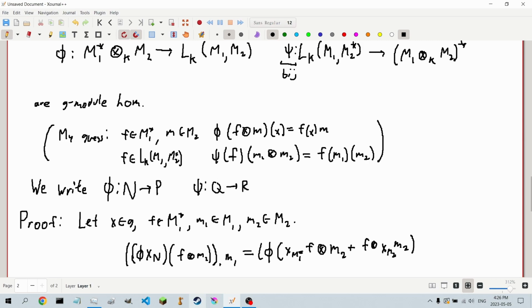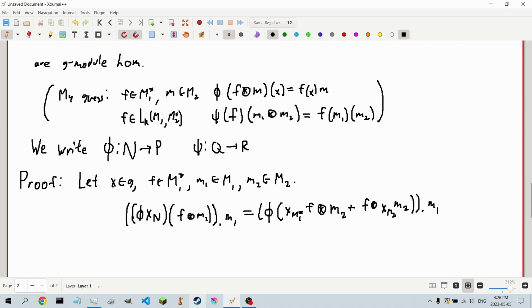And this whole thing is still acting on m1, which is equal to angle brackets, that's the inner product, so that's the equivalent to, I'm guessing, the evaluation of a function in the star of a space with an element in that space.